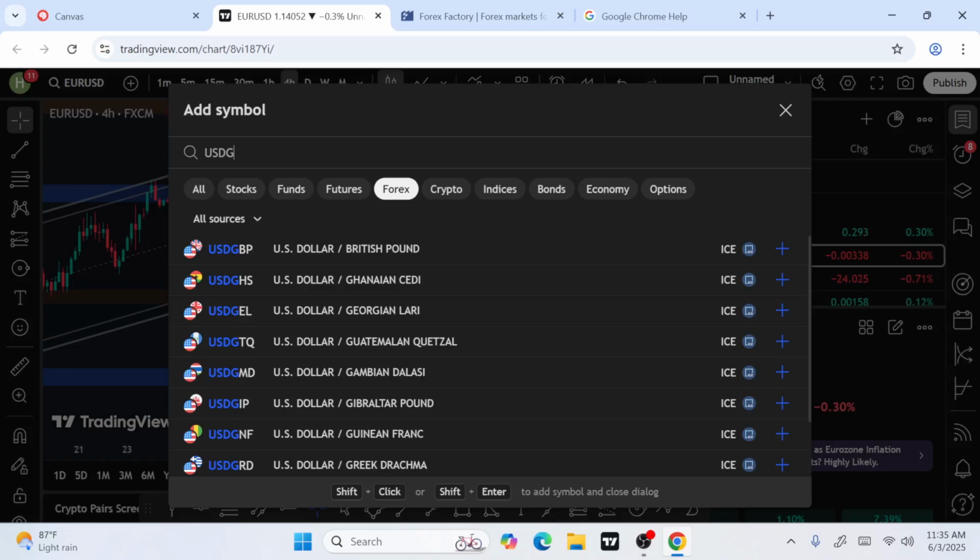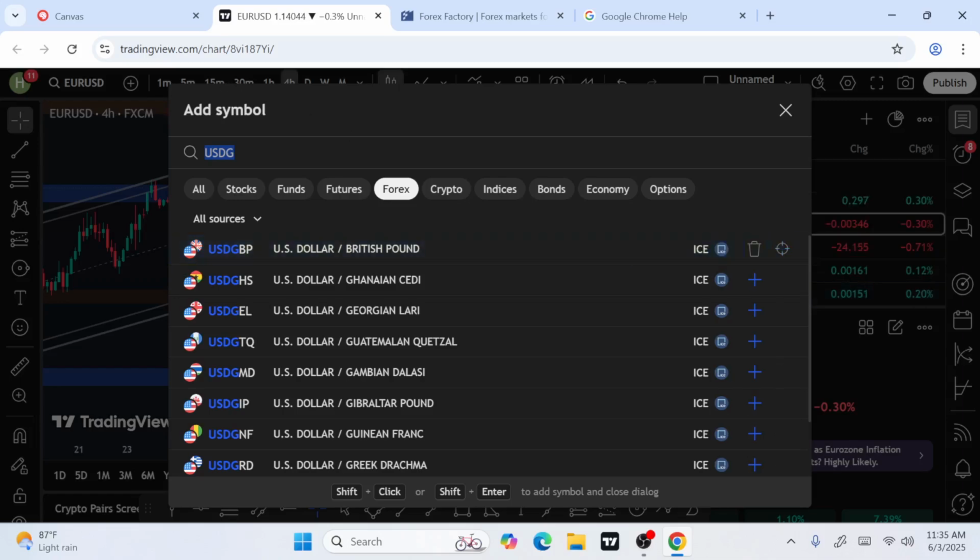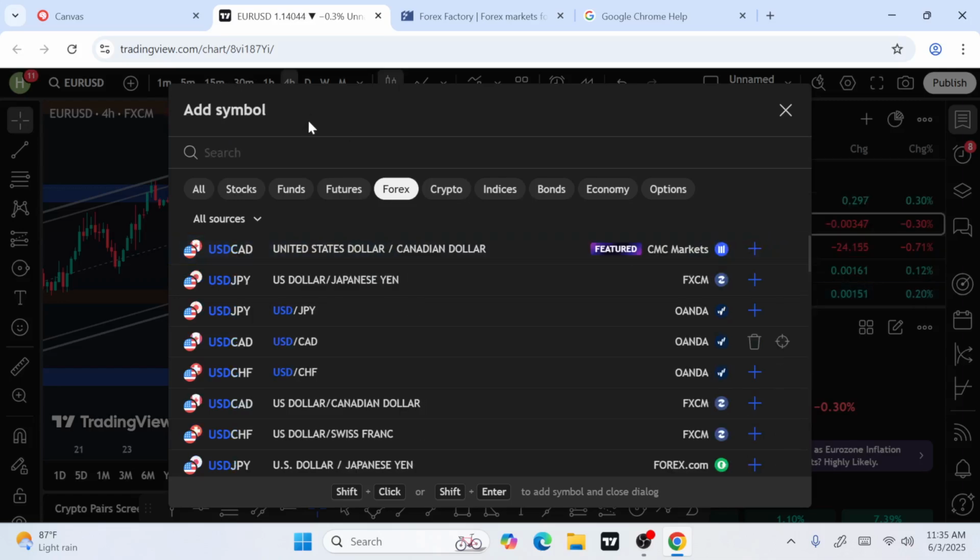Oh, there's even USD GBP. Wow. Yes, USD GBP. It's not part of the major currency pairs I give to you. What I give you is GBP USD. Whatever is happening in USD GBP is the opposite here. Now let's add GBP USD.